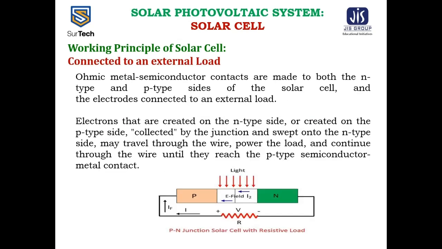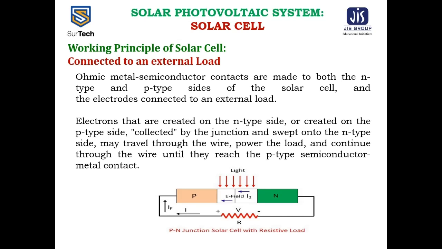When the solar cell is connected to an external load, ohmic metal-semiconductor contacts are made to both the n-type and p-type sides of the solar cell, and the electrodes are connected to an external load.